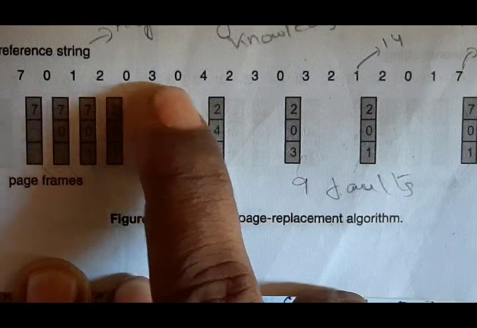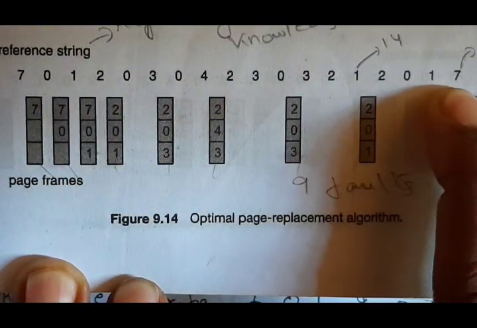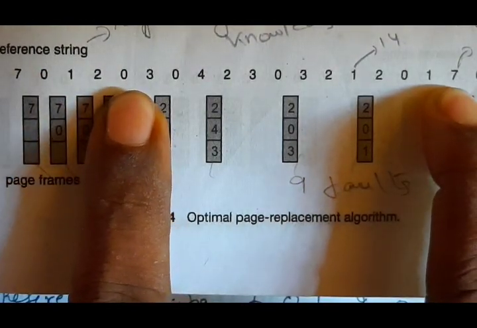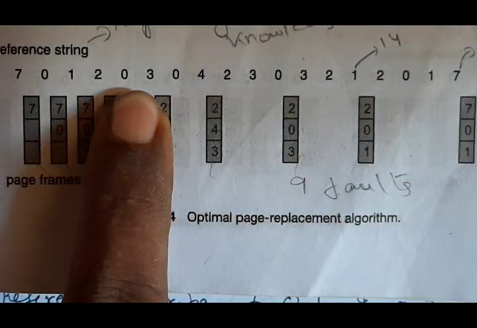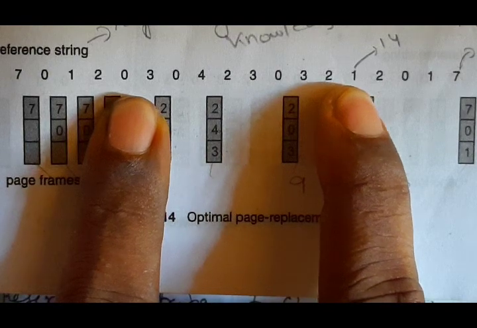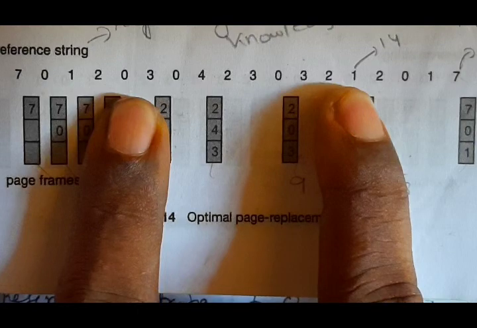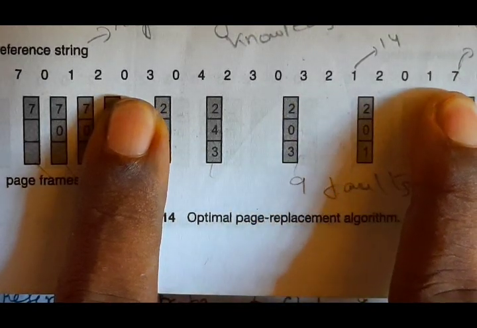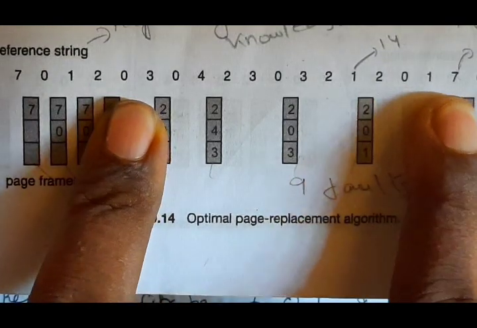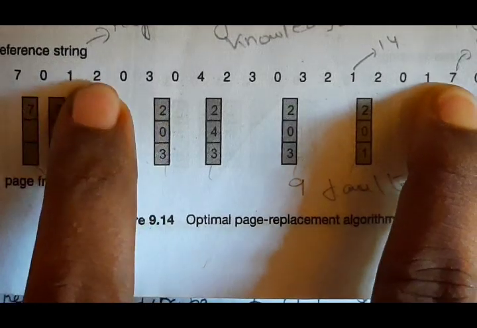If you see here, 7, 0, 2: 7 is used later, then 0 is used soon, then 1. Which will not be used for the longest period? 7. So you have to replace 7; in place of 7, you place 2.